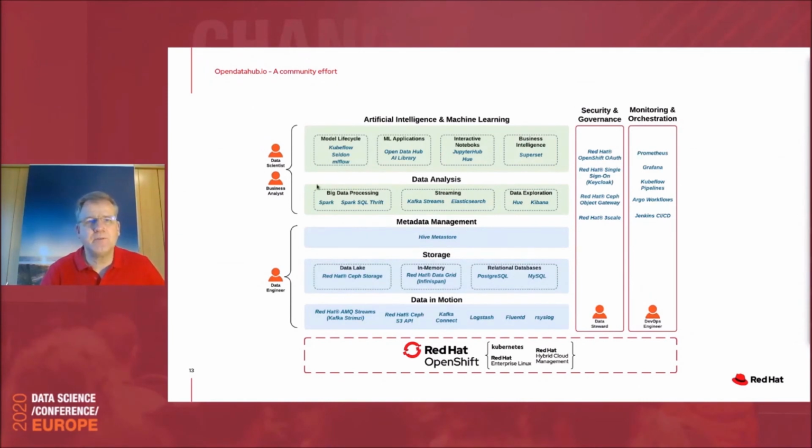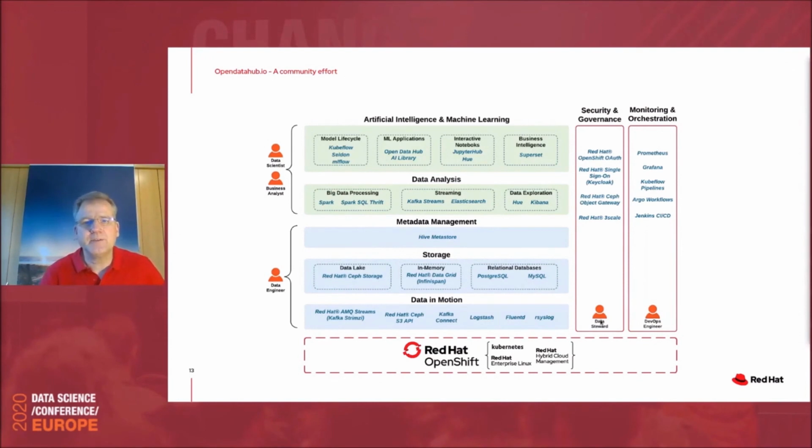And there are also various components that we haven't used in that scenario. All this is running on Red Hat OpenShift Kubernetes to bring the right stability and scalability for the system.